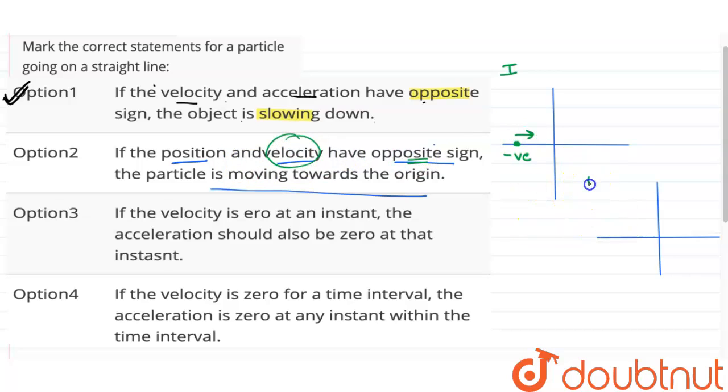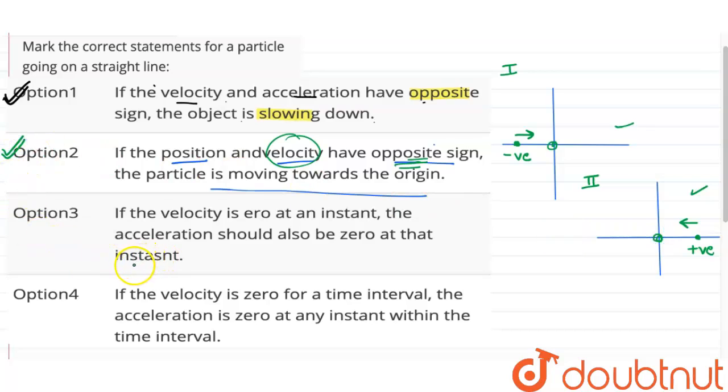Second case, we put the position of the particle at some positive value. Now for velocity to have opposite sign, the direction of velocity will be towards the negative x-axis. In both the cases, we observe the particle is traveling towards the origin. Therefore, option 2 is also correct.